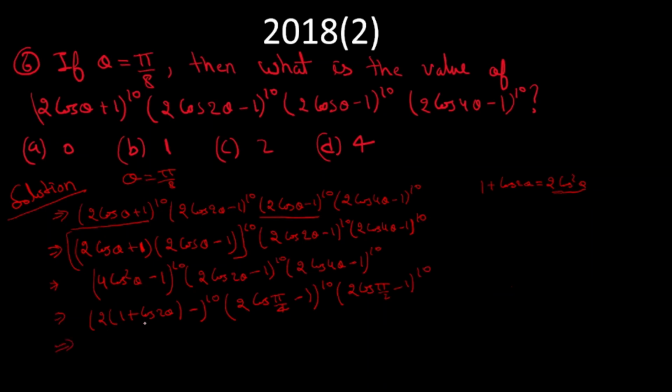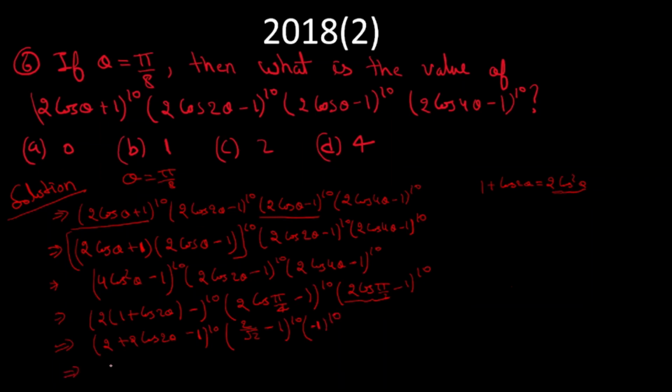First I multiply, so we get (2 plus 2 cos 2 theta minus 1) power 10. Here it is pi by 2, so cos pi by 4 is 1 by root 2, so we get (1 by root 2 minus 1) power 10, and cos pi by 2 becomes 0, so minus 1 power 10.